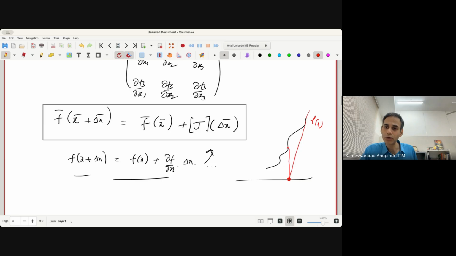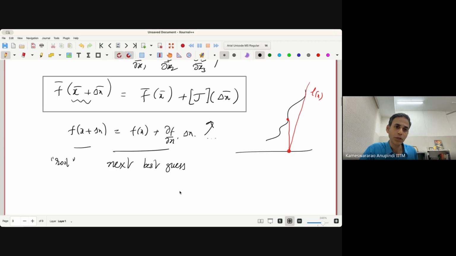So x plus delta x is going to be the next best guess value for the root. Then my function is supposed to be 0 there, right? That is what we said. So this is going to be 0 bar.